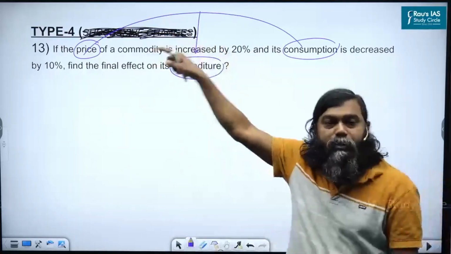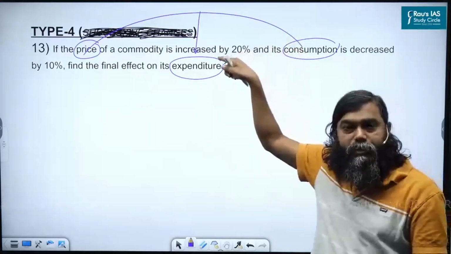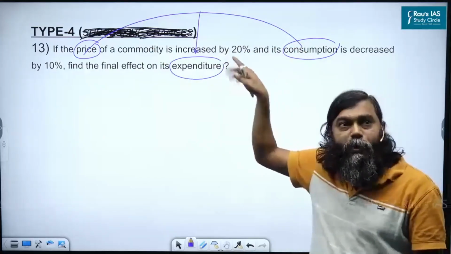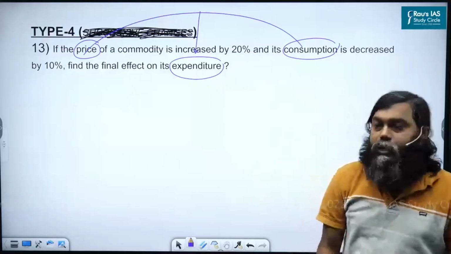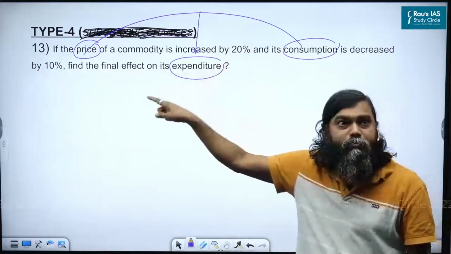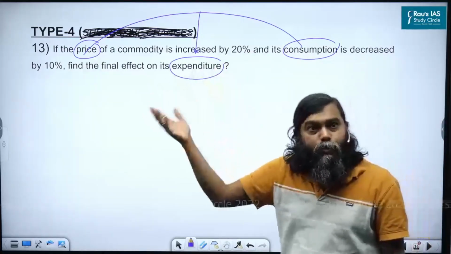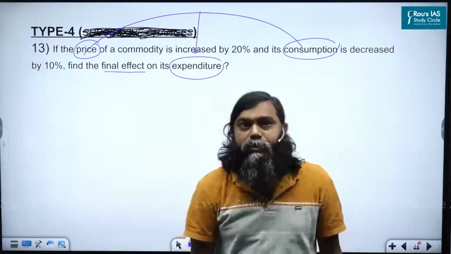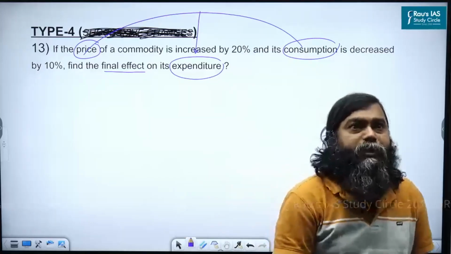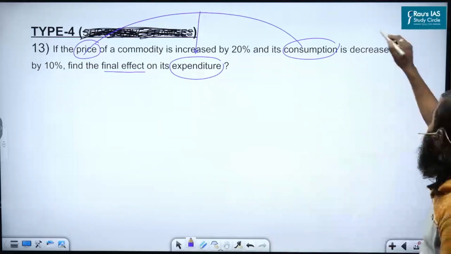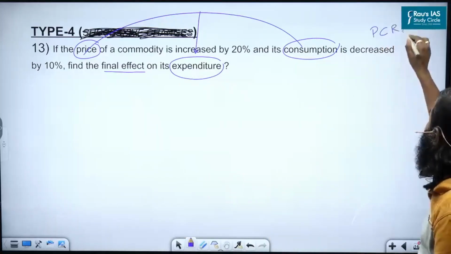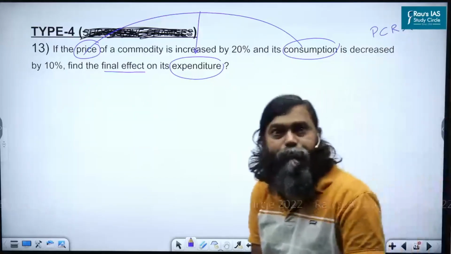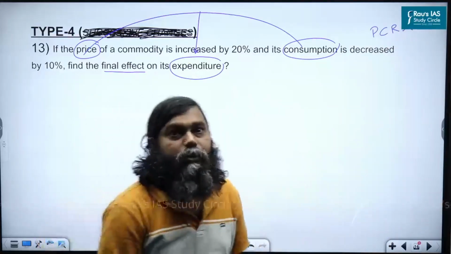So price into consumption is expenditure. Expenditure is called product. Is the statement saying the product is constant anywhere? The question asks whether there are any changes in expenditure or not. That means the question is not already saying expenditure is constant. This question does not belong to product constant rule. Understood, boss?